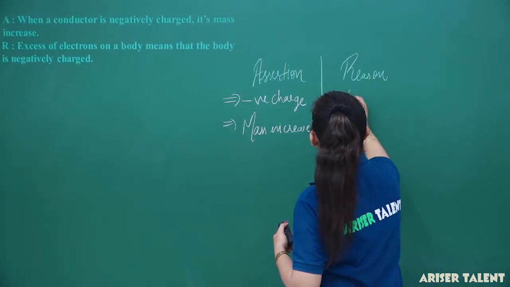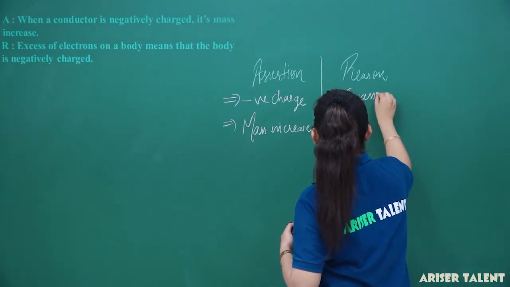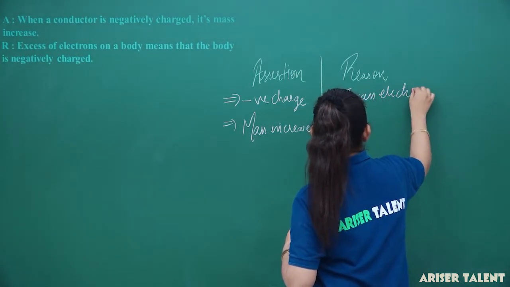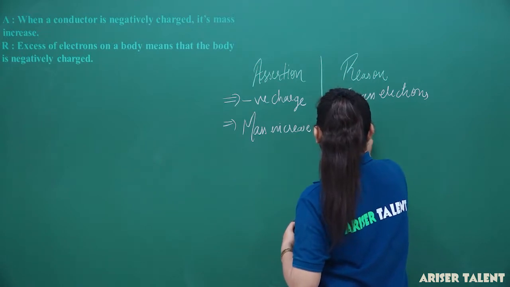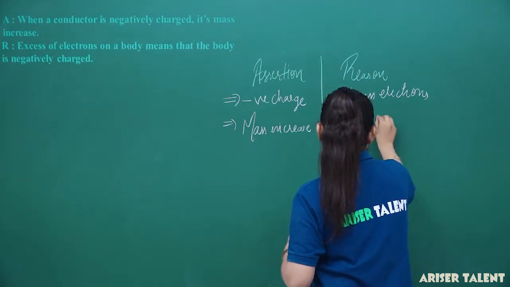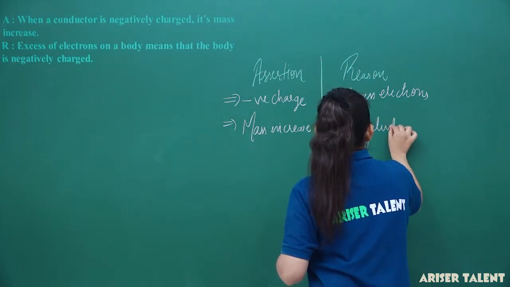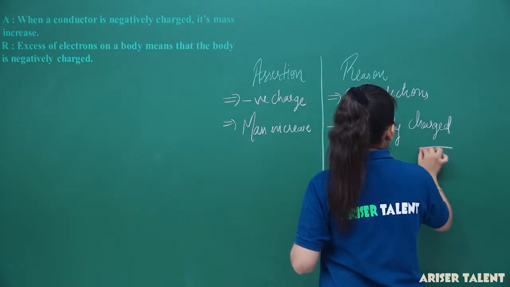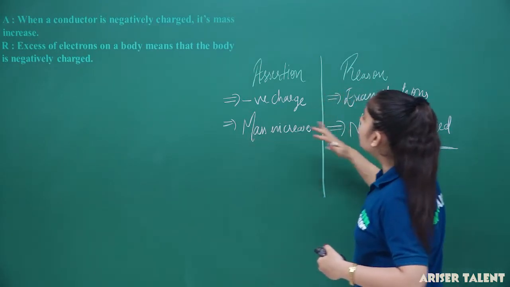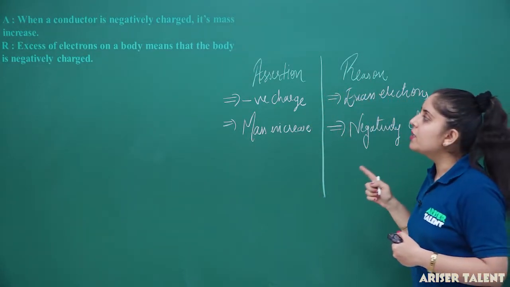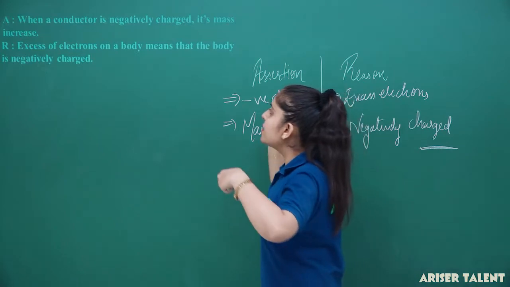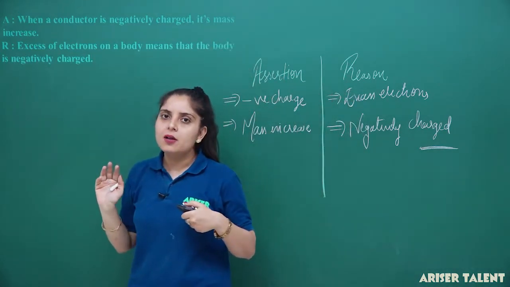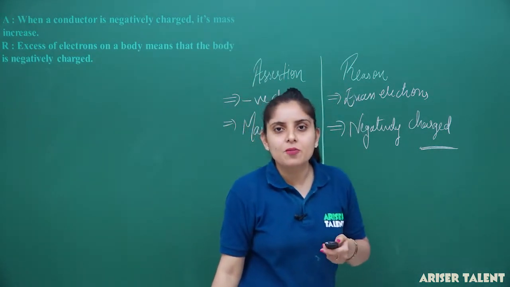If you have excess electrons on a body, it means the body is negatively charged. Now, both these statements are true here, but you can see that the second statement is not giving any explanation for the first one. So, let's check the options here.